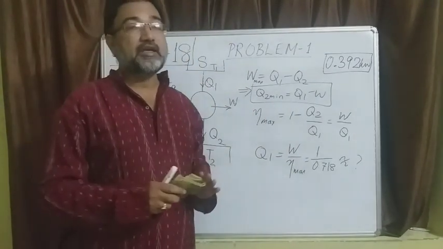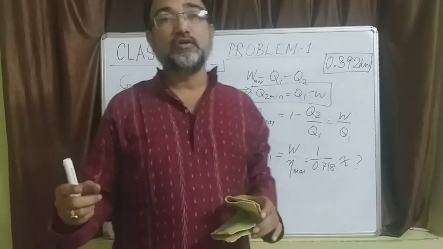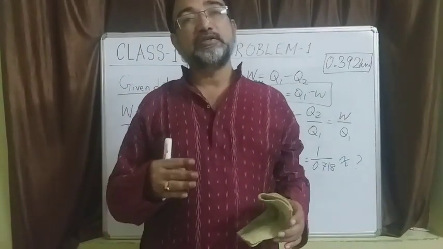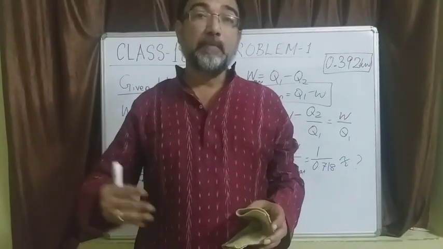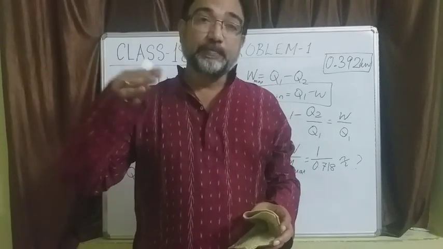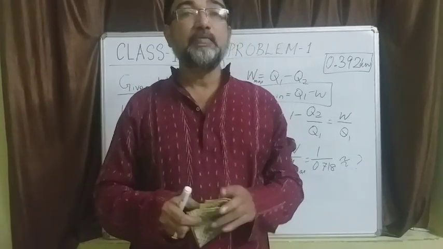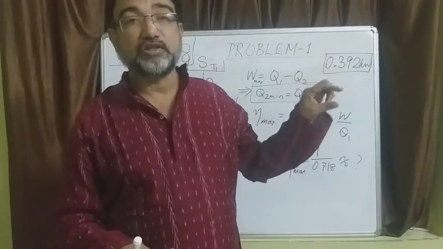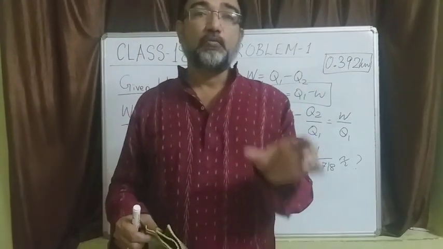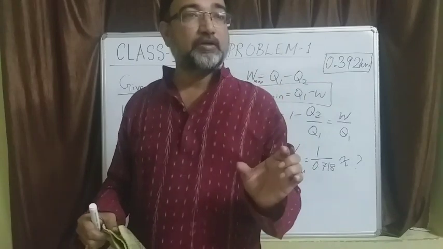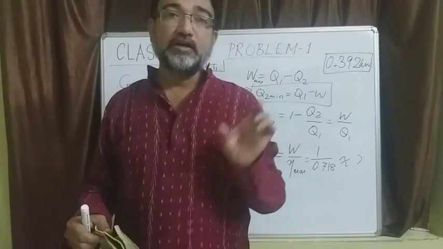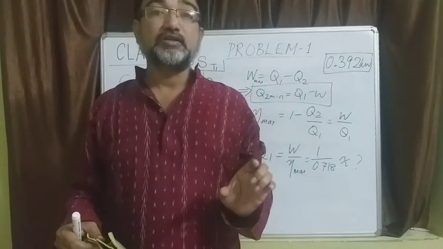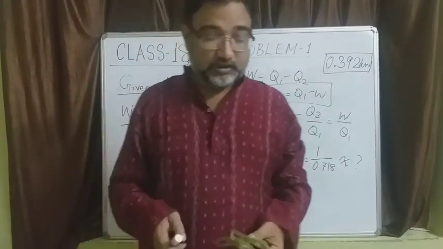Because Carnot cycle is having maximum efficiency among all the engines. Maximum efficiency indicates maximum work. Maximum work output indicates minimum heat loss, and minimum heat loss means minimum heat rejection rate or least rate of heat rejection. So that phrase is there in the problem. So from that phrase we could identify that it is a Carnot cycle problem. Okay. So this is how we have to proceed.